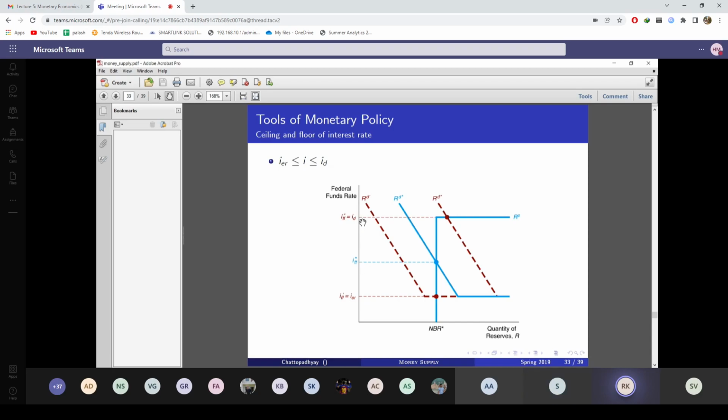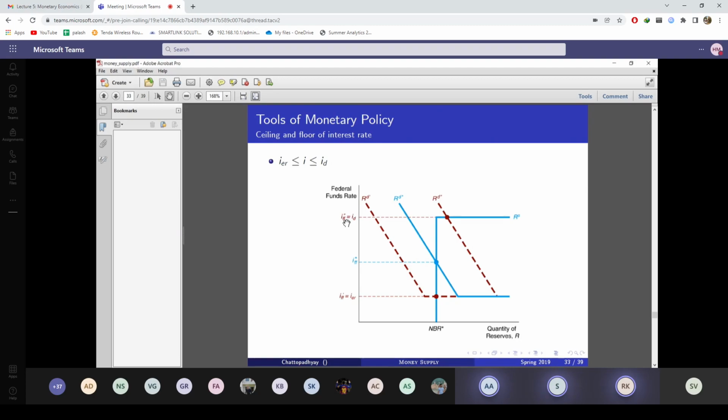Second, why can it not go above ID? This loan rate is also an interbank rate.